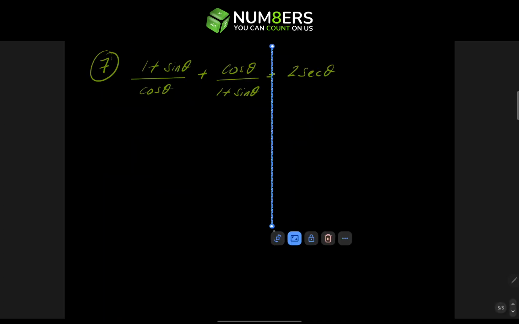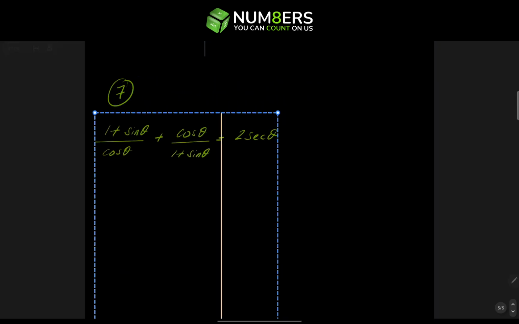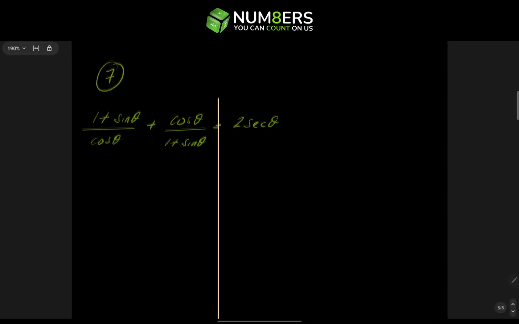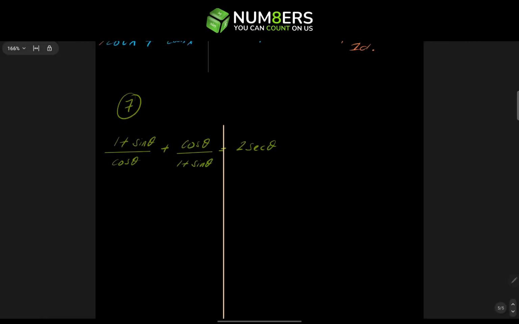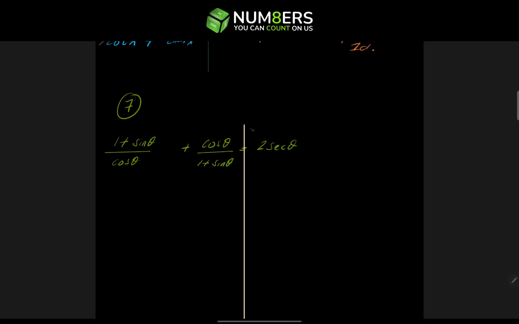Let's extend this line a little bit, and move it to the left a little bit so we have some space. Okay, now in order to add two fractions that don't have the same denominator, we'll have to find a common denominator.